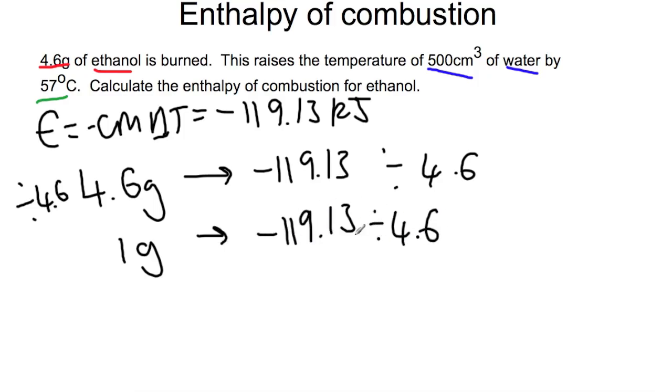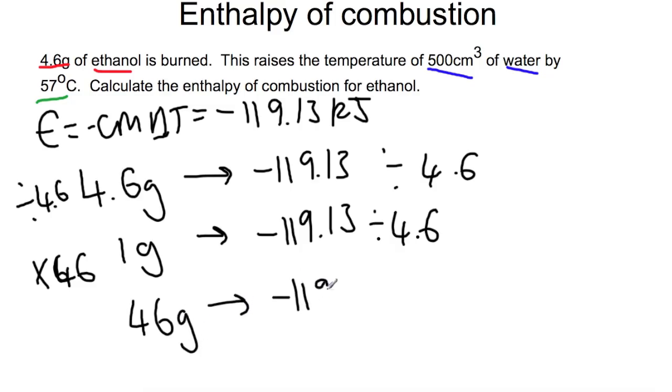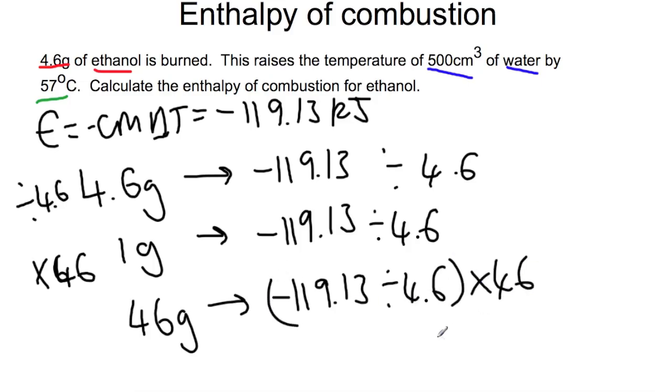And then we can scale up by timesing by 46, which is the gram formula mass. And on doing that, you would end up with exactly the same answer. It's entirely up to you which version you decide to use.